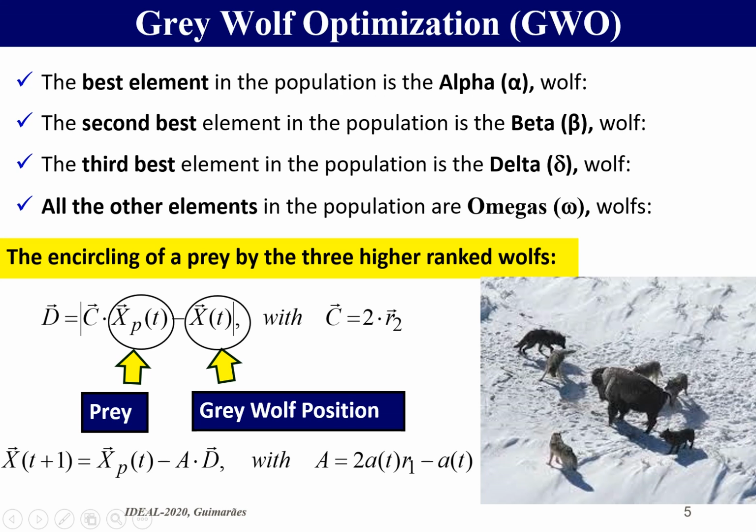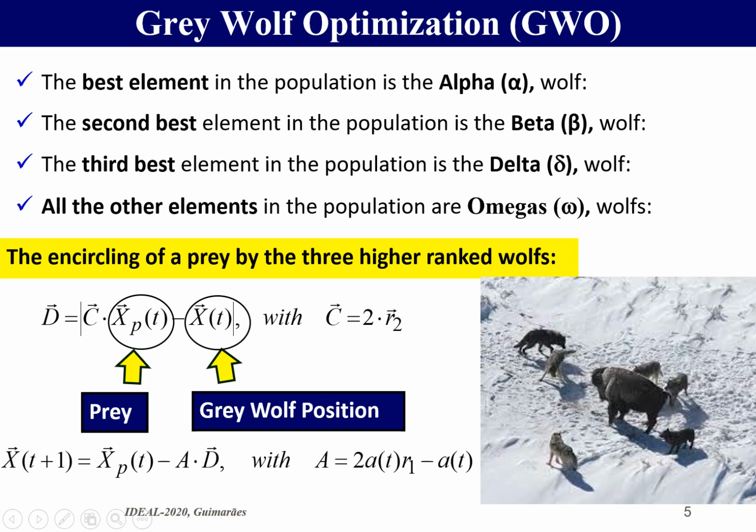We have an encircling technique where there is a prey position, and this is the wolf position. This prey actually acts in the optimization problem as a kind of maximum or minimum, a local optimum. We can update the position based on the prey position using this subtraction here.